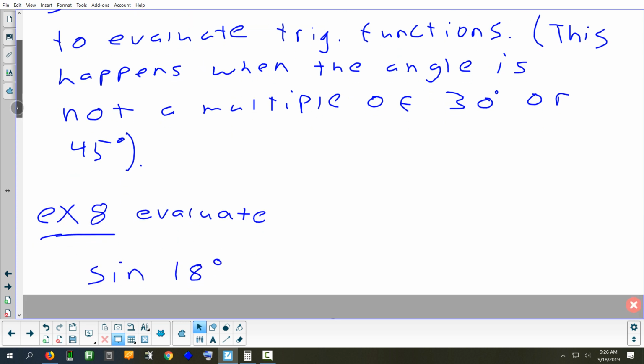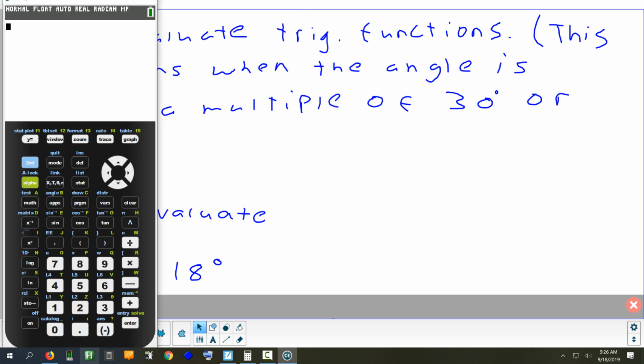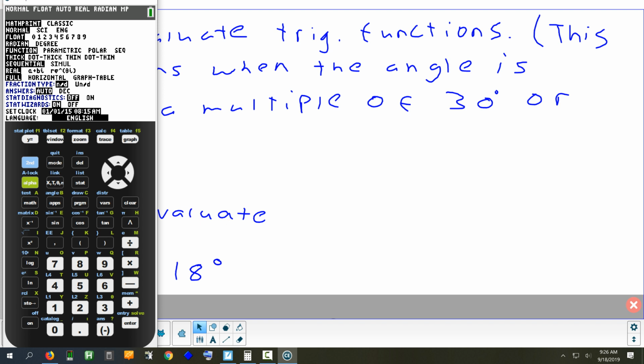Let's look at this one. Sine of 18. I look at 18 and think, okay, not a multiple of 30, not a multiple of 45. I've got to do that one on the calculator. Now, that says sine of 18 what? Degrees. So it's important when you type it in that your calculator is in degrees. On my calculator, I have a button that says mode, and I can change between radians and degrees.